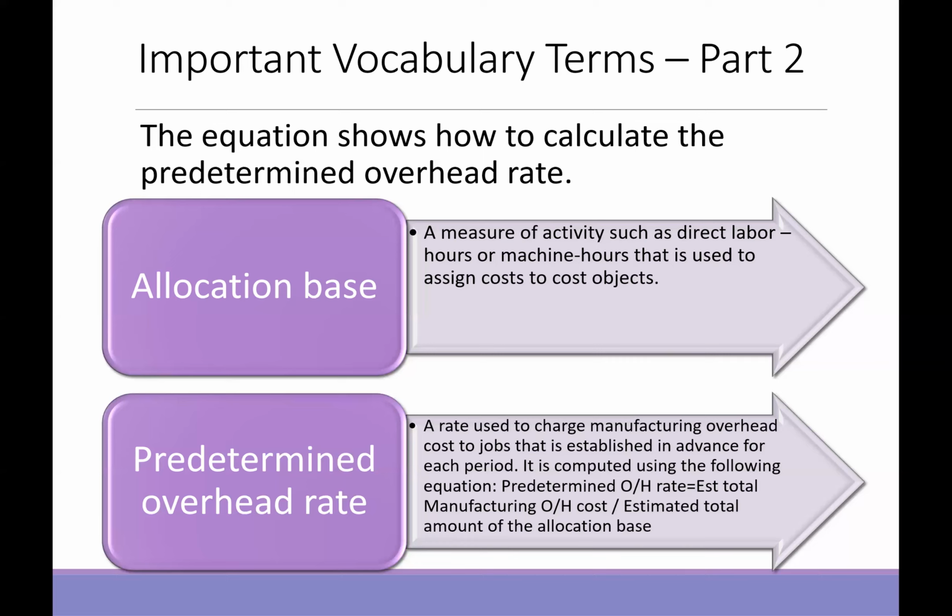We take an estimate of what we expect our allocation base to be. And then we come up with a predetermined overhead rate that we apply to products. You see here, the predetermined overhead rate is equal to the estimated total manufacturing overhead divided by the estimated total amount of the allocation base.